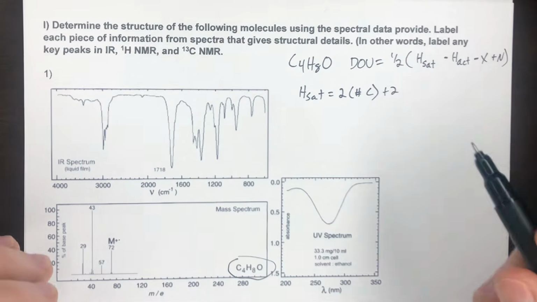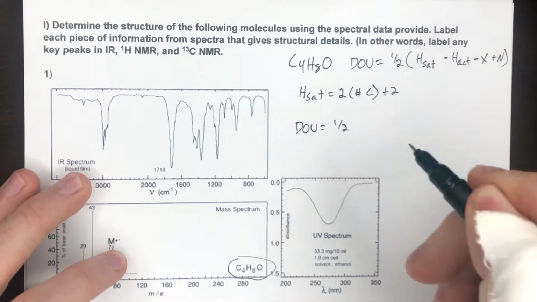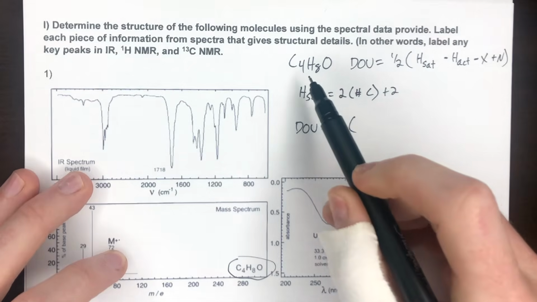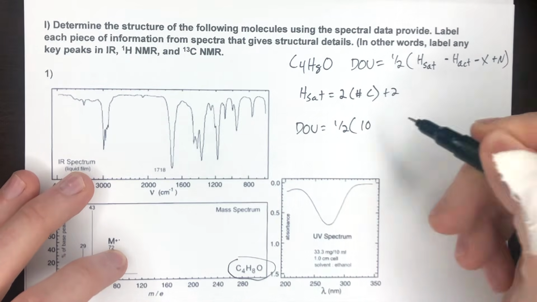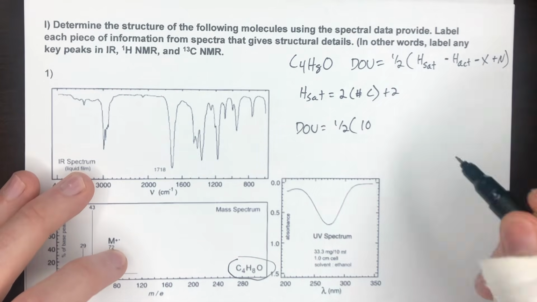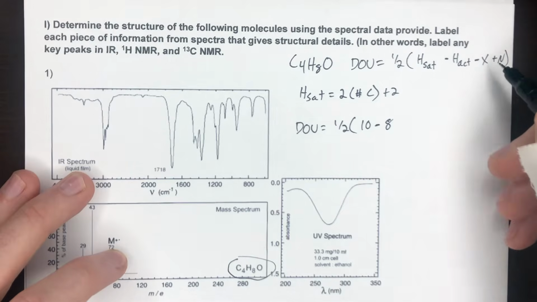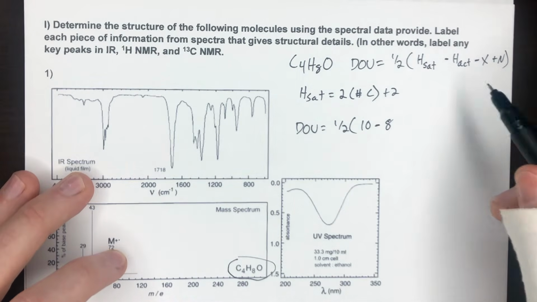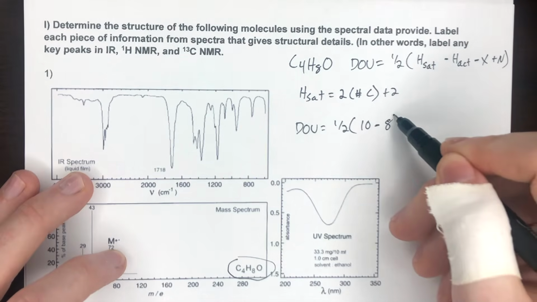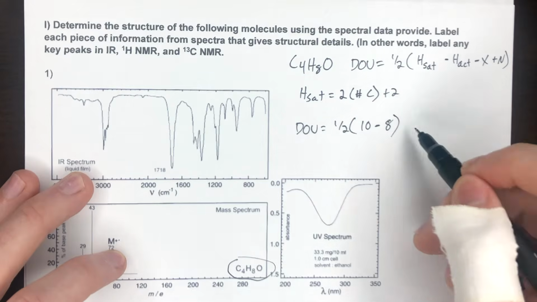In this case, our DOU is then going to be 1/2 times (H saturation minus the hydrogens present). H saturation is 2 times 4, which is 8, plus 2 is 10. So H sat is 10, minus how many there are actually present. There's 8, and then there are no halogens. It's simply just an oxygen, and there's no nitrogen, so we don't have to add anything else. Oxygen is not included in either of those. So 10 minus 8 is 2, divided by 2 is 1.